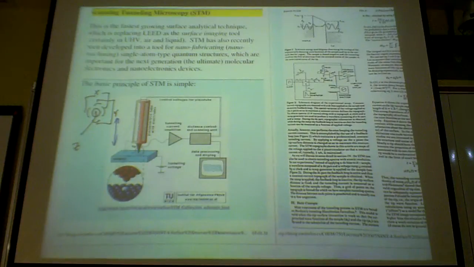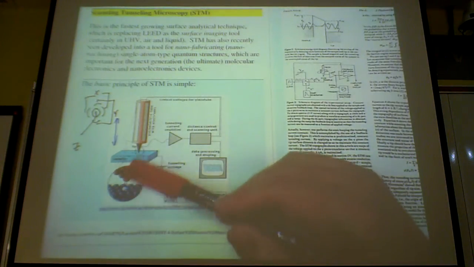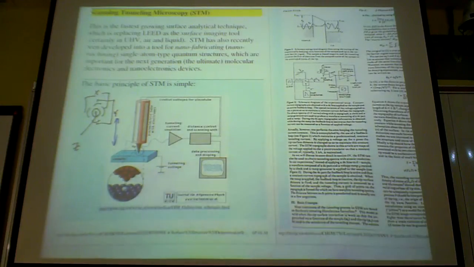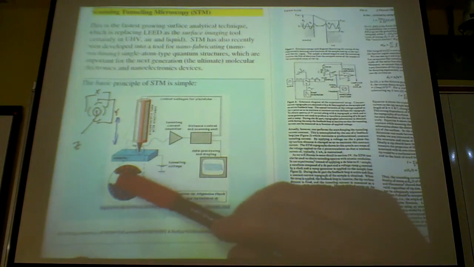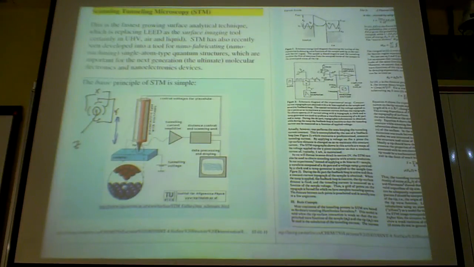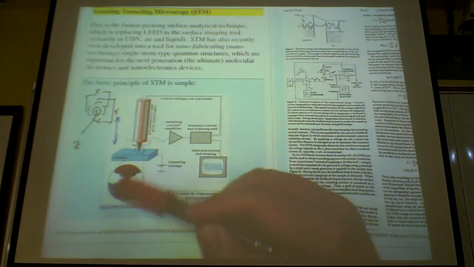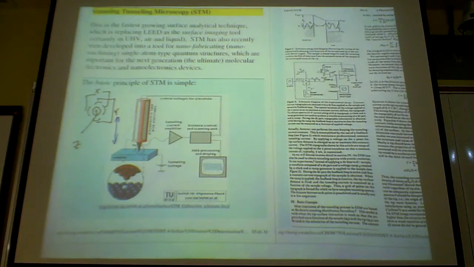So you have to be in an extremely quiet environment, both electronic and audio and vibration-free, in order to image this. Because you can imagine this separation is of the order of angstrom, right? So you have to position it close enough, a few angstrom separation, so that tunneling can occur.